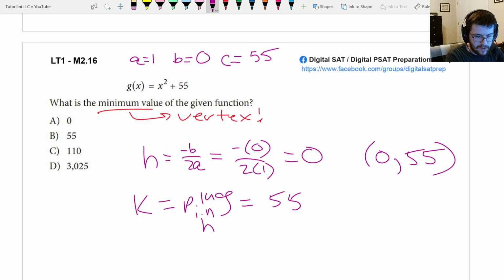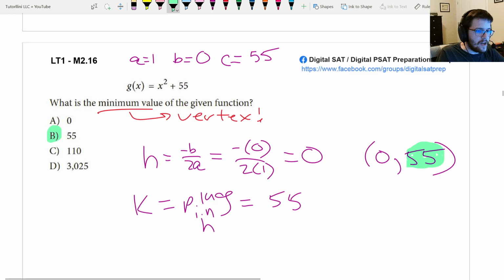I went over this in my Desmos video, guys. When it says, what is the minimum, what is the maximum, it wants the y value. If it says, what's the x value where the function reaches its maximum, then it wants the x. But if it doesn't mention anything about x, it wants the y, okay? So this guy wants the y, which is k.